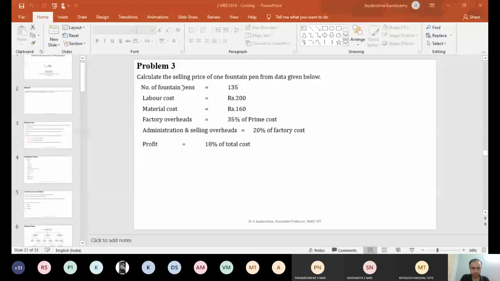Sir, will you be giving any numerical in MCQ form as well? Only numericals. So if you ask for labor cost or material cost, we don't have to show the detailed working for that numerical, just the answers, right, sir?